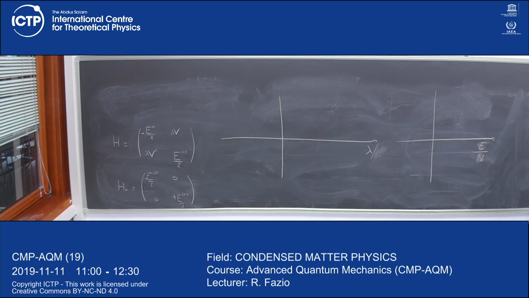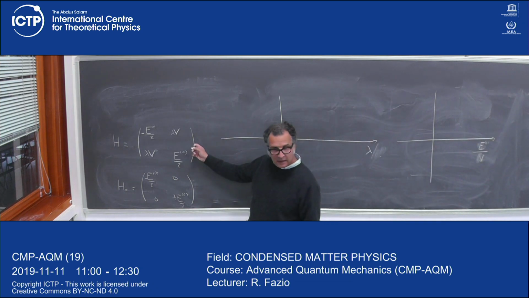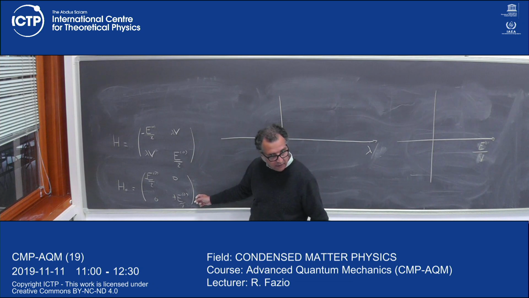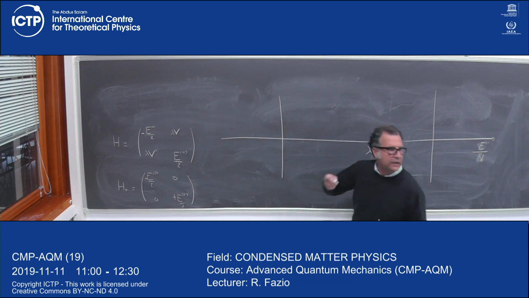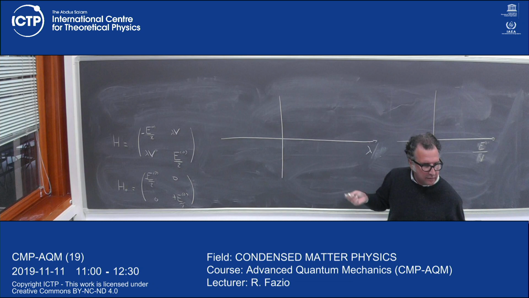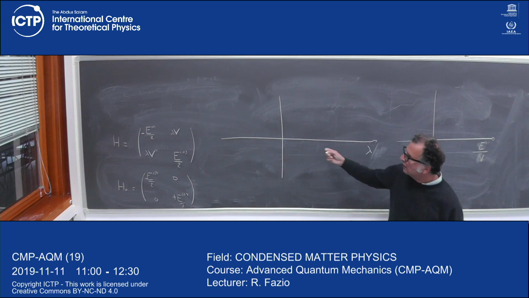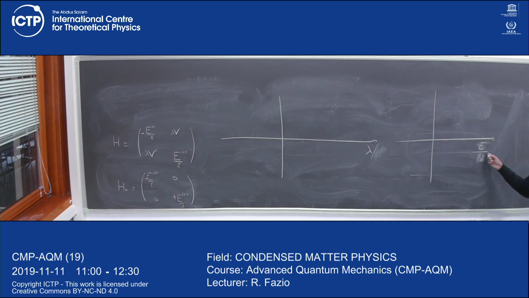Is the question clear? So tomorrow you should not say I did not understand. Okay? So you have to find the eigenvalues of this, the eigenvalues of this, and then you choose the right units, the units that you like. And then you have to produce two plots, one as a function of lambda and one as a function of E0 over B. Okay?